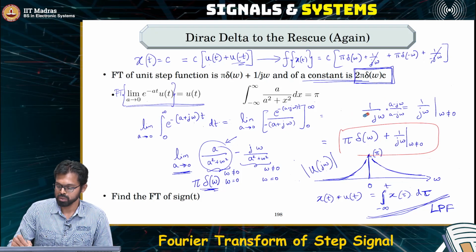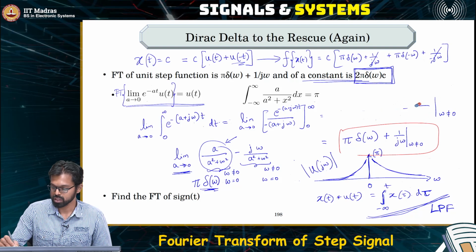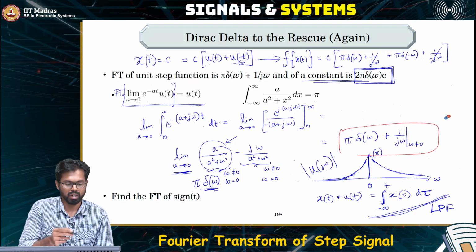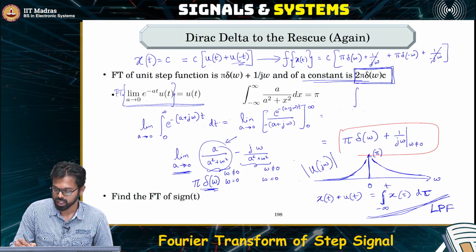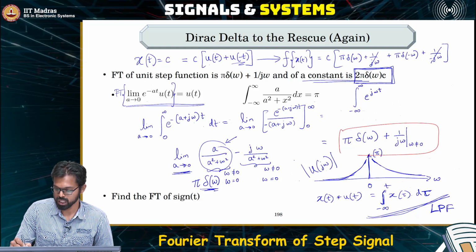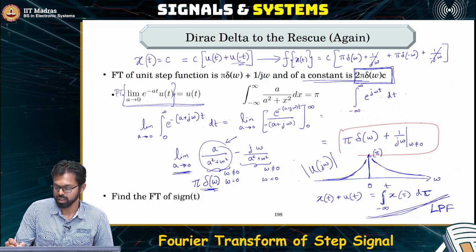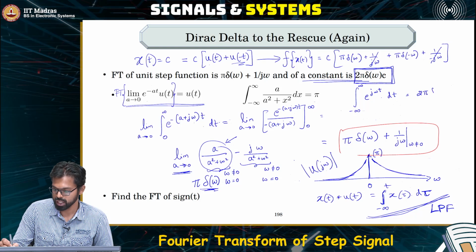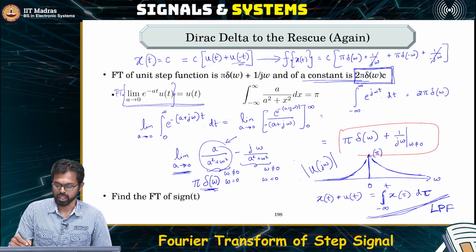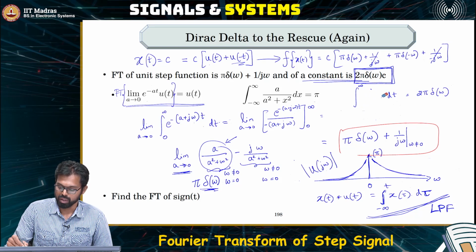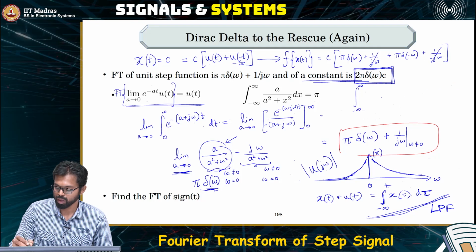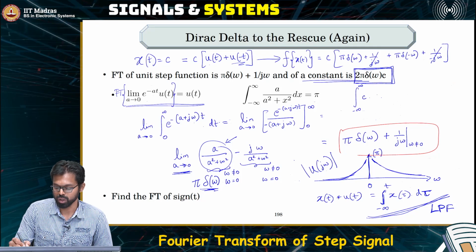So this is so simple. Directly by knowing this relationship, we can find out the Fourier transform of the constant. Earlier, remember, we said the integral from minus infinity to plus infinity of e power j omega t dt is equal to 2 pi delta of omega. Do you know where this came from? This is where it came from. So if there is a constant c, what is its Fourier transform?